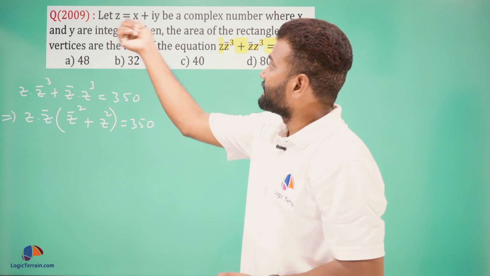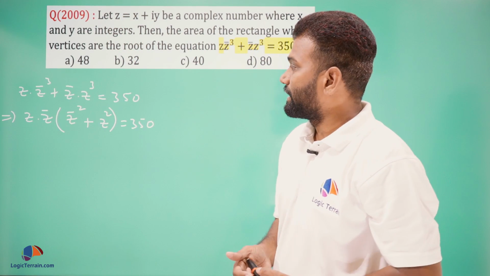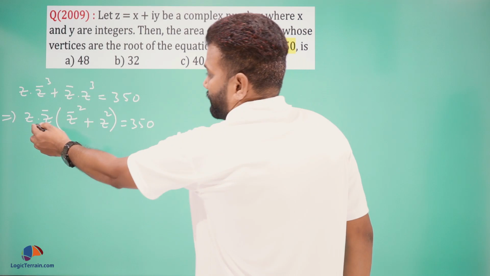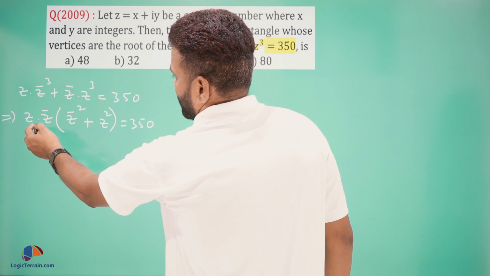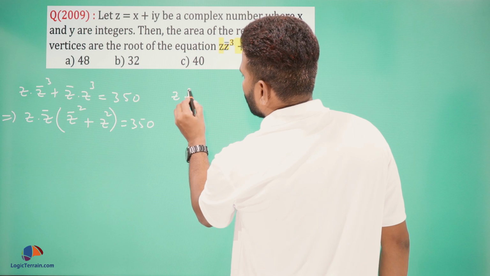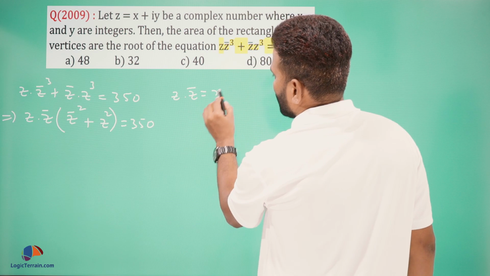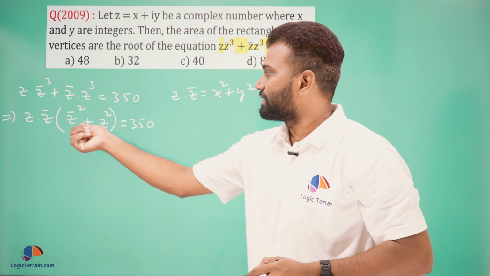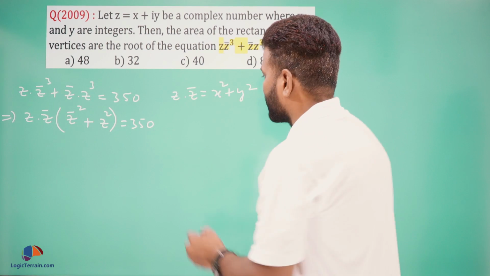We know that z equals x plus iy and z bar equals x minus iy. From properties of the conjugate of a complex number, z into z bar equals x square plus y square. So further we will find z bar square plus z square.